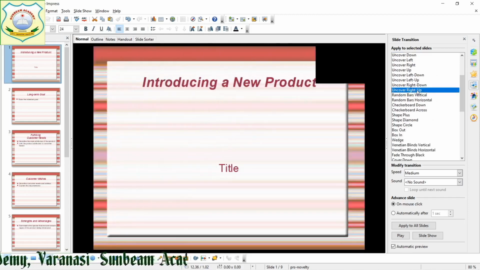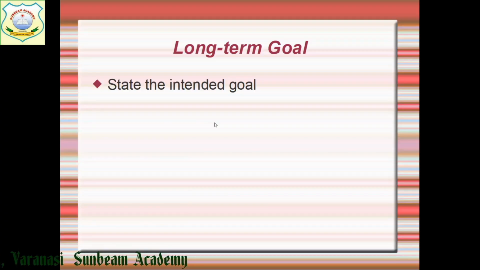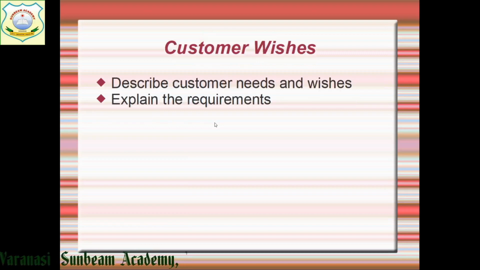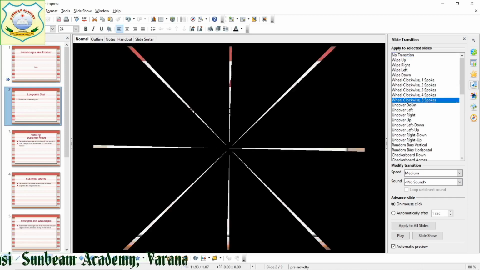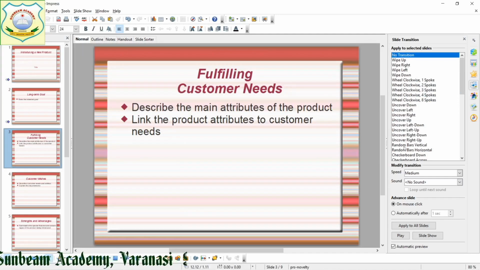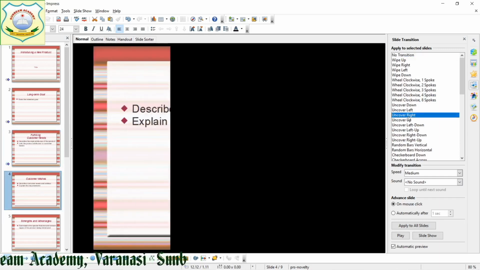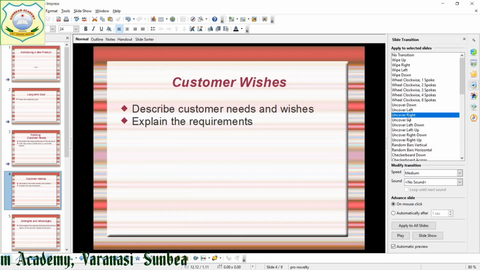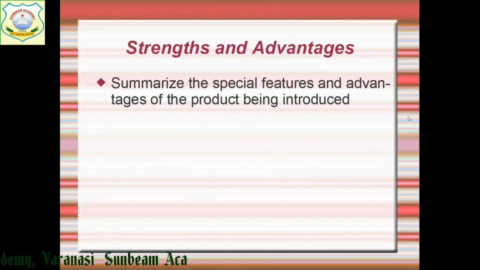For the first slide I have given this one, for the second slide I am going to give this one, then the third slide I am giving this one, and the fourth I have given this one, right? When you run your slideshow, you will see how the first slide, then the second, is going to come.